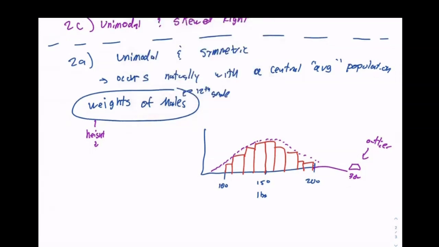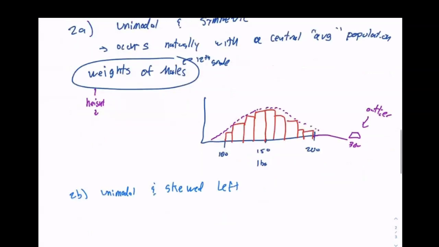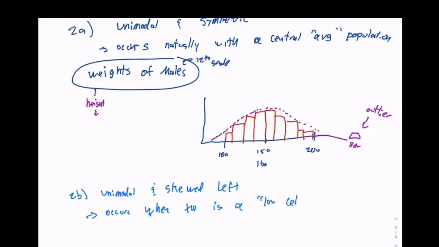2B. Unimodal and skewed left. This typically occurs when there is a low ceiling but it stretches further for low values.